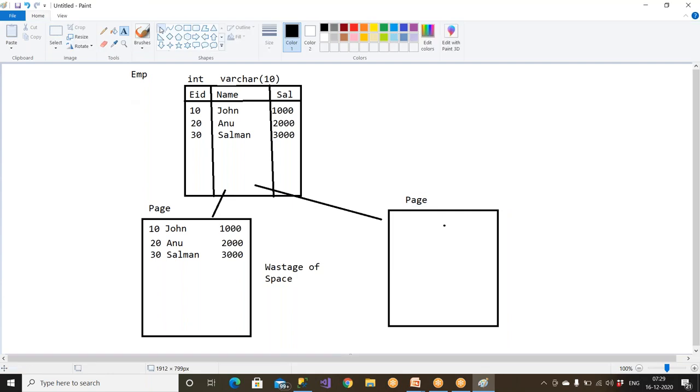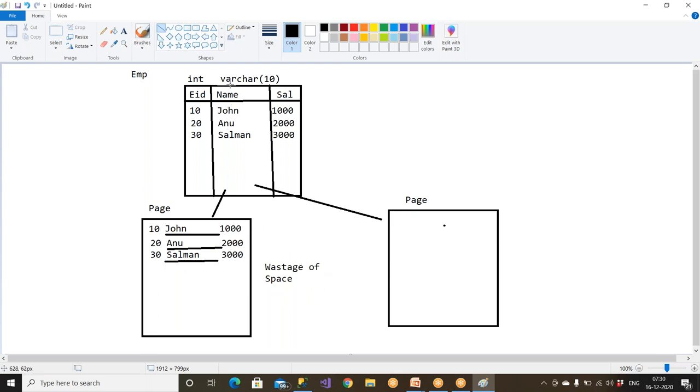You're supposed to have 10 characters of data. So the space is 10, but you occupied only 4 letters. Here you have 10 characters, but you occupied only 3 characters. The space of 10 characters will be given, but you occupied only 6 characters. So wastage of space I'm talking about.